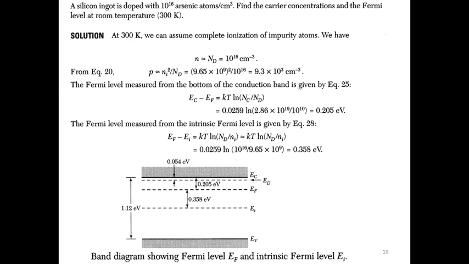Then we can also calculate the Fermi level measured from the reference level, that is Ef minus Ei, by putting in the values of Nd and Ni. Then we get Ef minus Ei equal to 0.358 electron volt. All these, Ec minus Ef and Ef minus Ei, we show in the band diagram, because we know silicon has a band gap of 1.12 electron volt, and with respect to the reference level and the Fermi level we show the values here.